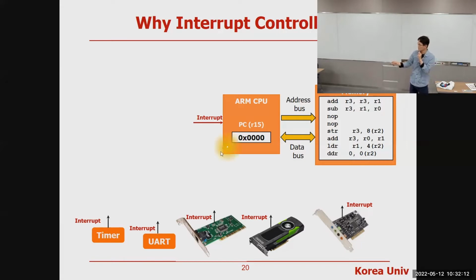Right? Physically you have at least one output connection, and somehow you want to connect these many different outputs to the CPU. Somehow you have to physically connect that output, timer output, UART output, NIC output, and so on, to the CPU input.